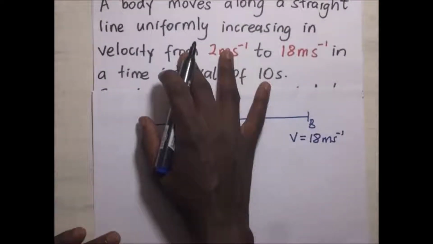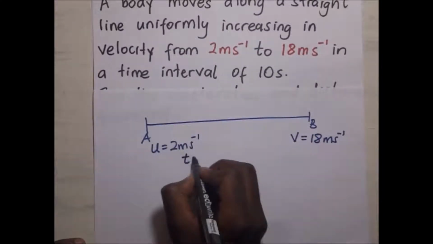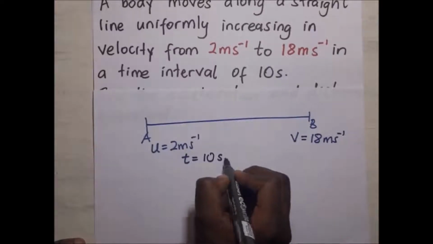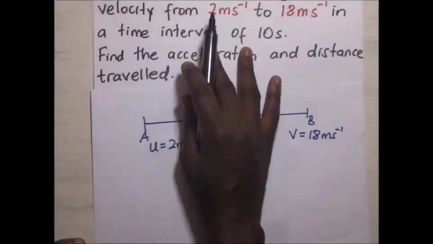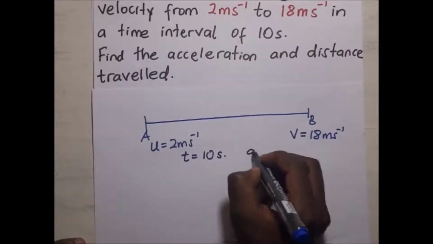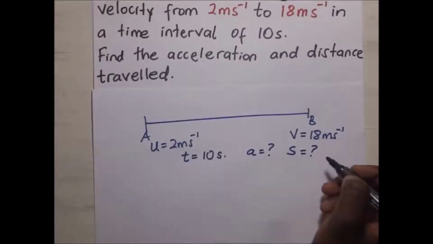It is moving in a time interval of 10 seconds, so the time t is 10 seconds. We are required to find the acceleration and the distance traveled.